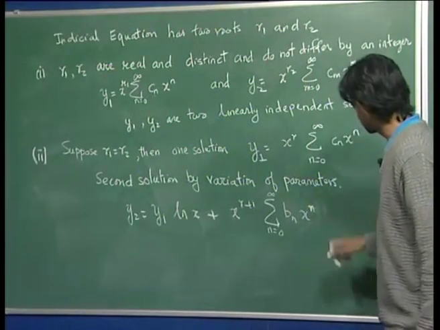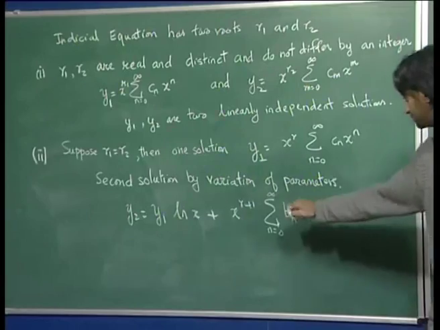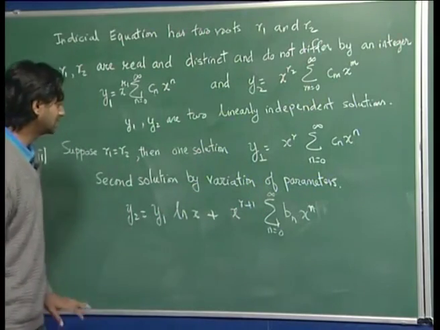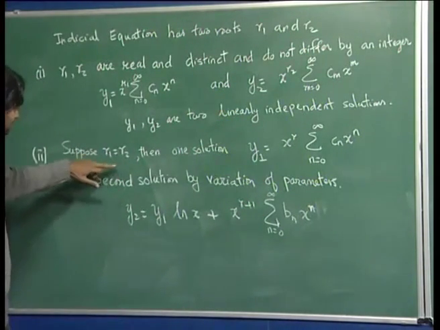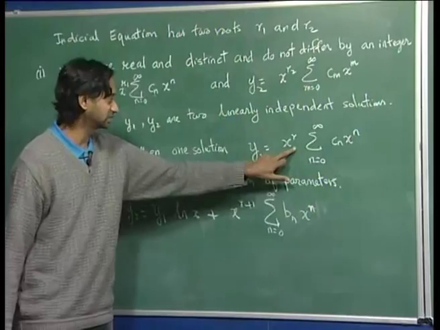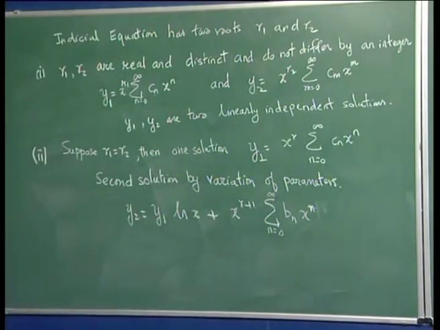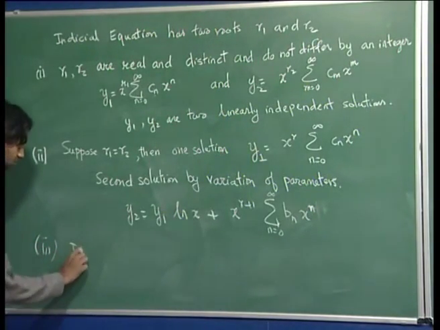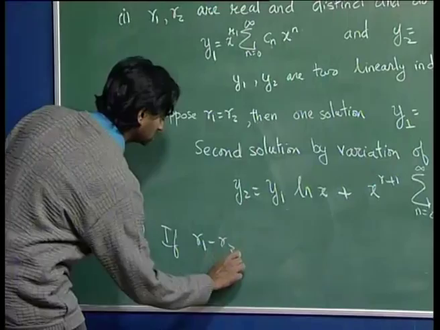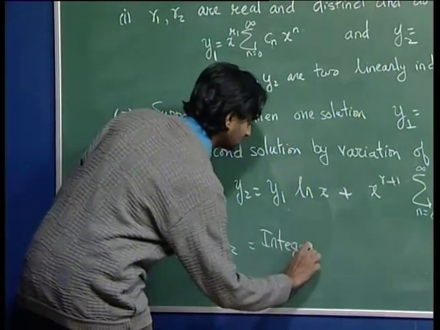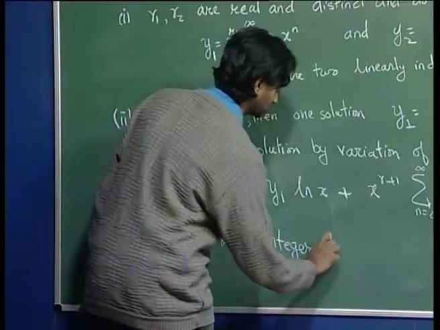Okay. So, where the coefficients of b n can also be found out. Okay. So, this is a second solution. We will not go into the details of this, but essentially you can always calculate one solution using the Frobenius method. The second solution you can calculate by variation of parameters. Now, the interesting case is if r 1 minus r 2 equal to integer not equal to 0.